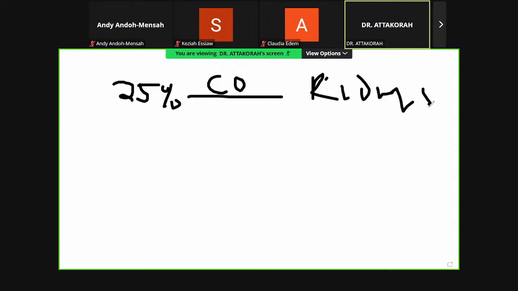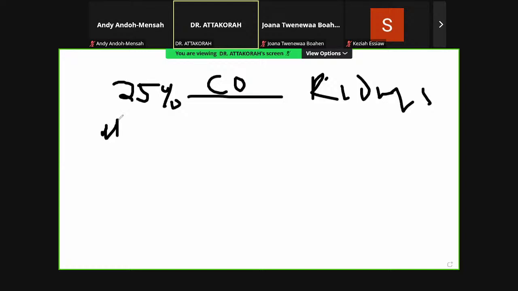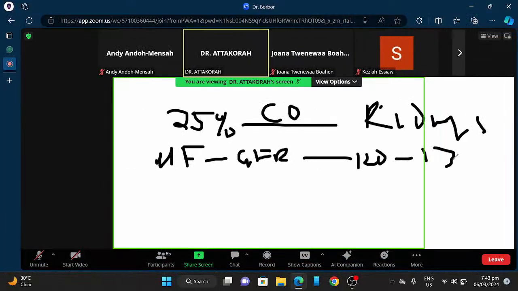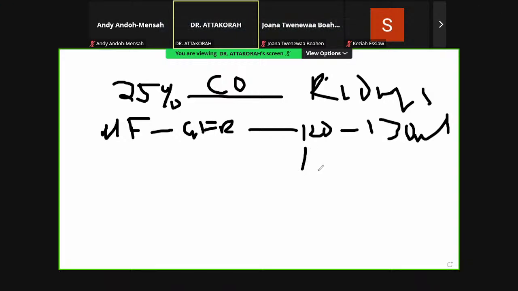And take note of these things. For an adult, the ultrafiltration or the GFR for a normal individual should be 120 to 130 mL per minute per 1.73 meters squared, which is the surface area.